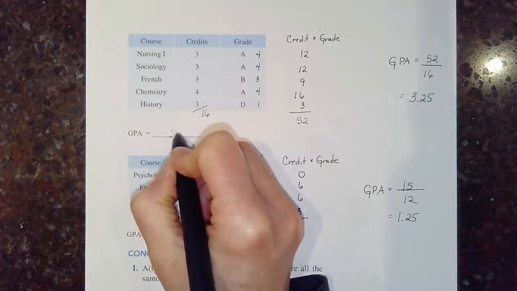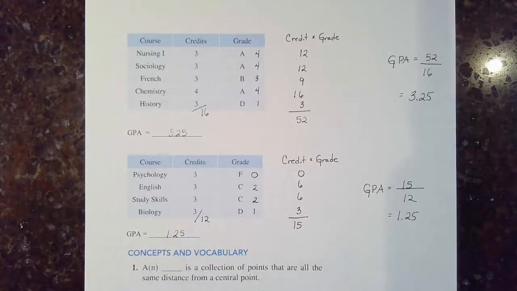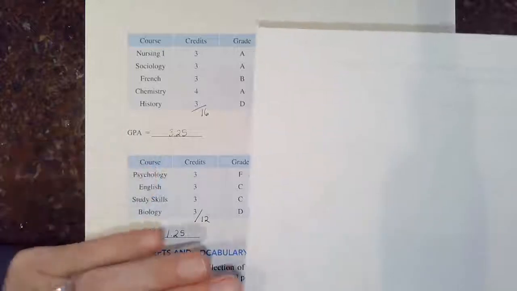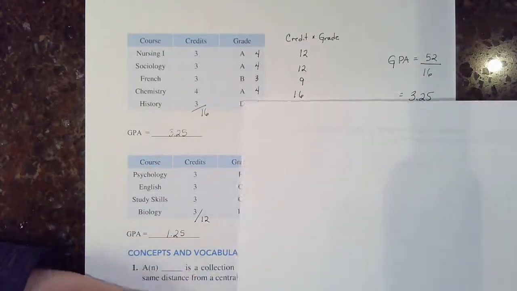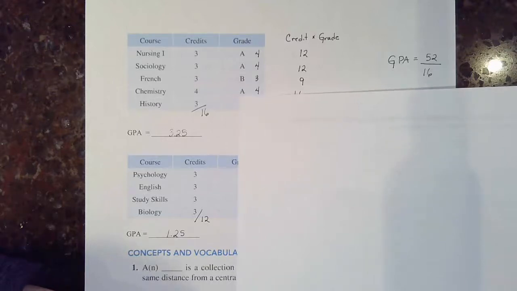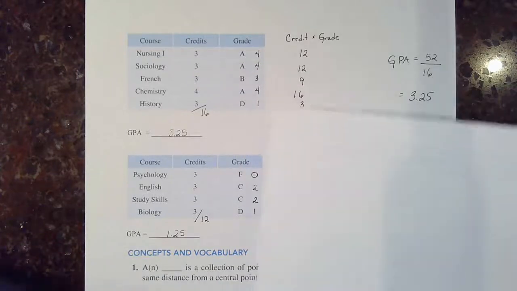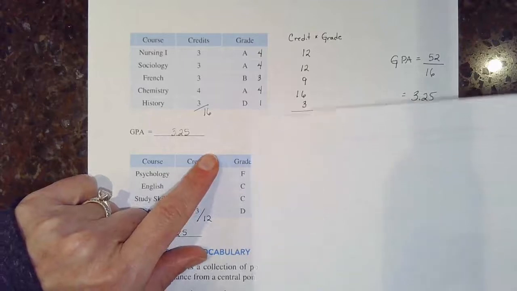All right. So what I want to do is, on the back of a sheet of paper, you don't really have to write this down, but I wanted to show you the impact of credit values.